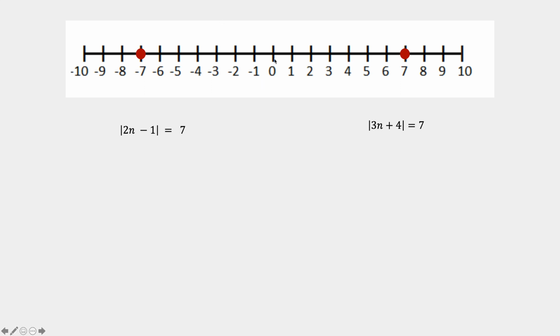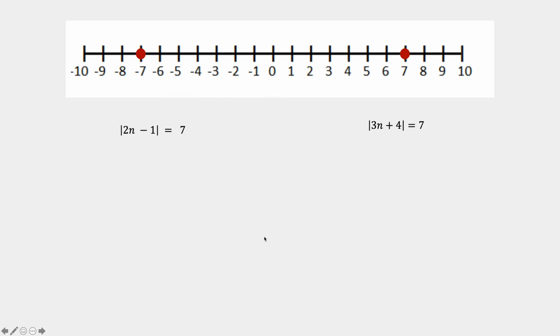So if I want to talk about the distance of 2n minus 1 being 7 units away from 0, then that means I could be 7 units to the left of 0 or 7 units to the right of 0. Well, what that means is that what's inside this absolute value symbol, this 2n minus 1, that could be negative 7 or it could be positive 7.